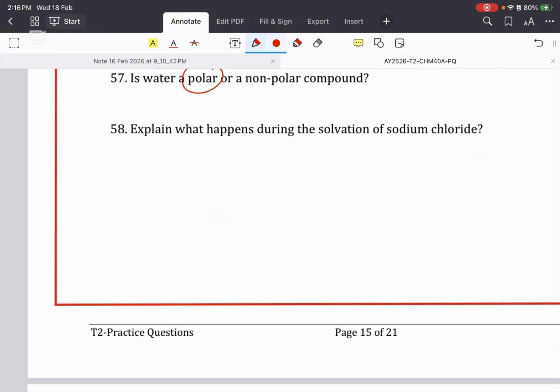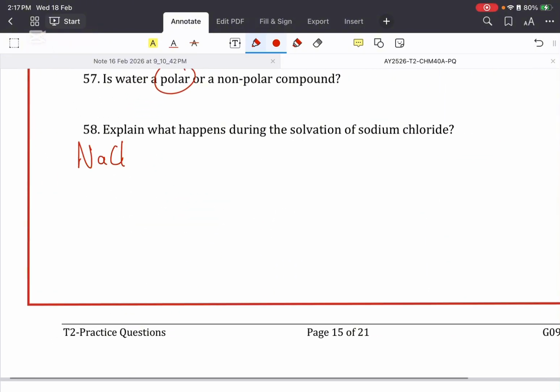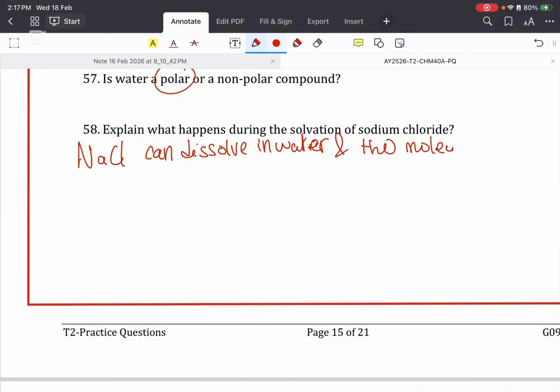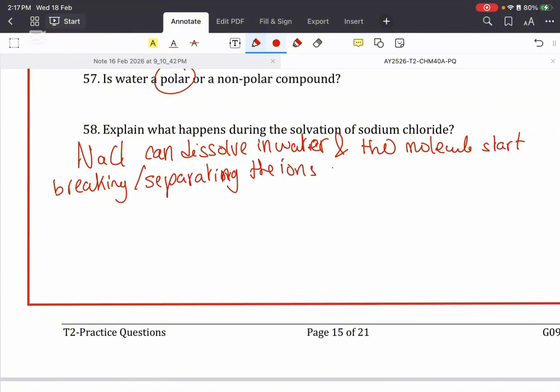So NaCl will dissolve in water, and H2O molecules start breaking or separating the ions in the crystal lattice.